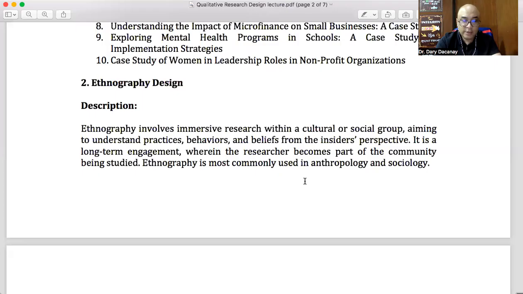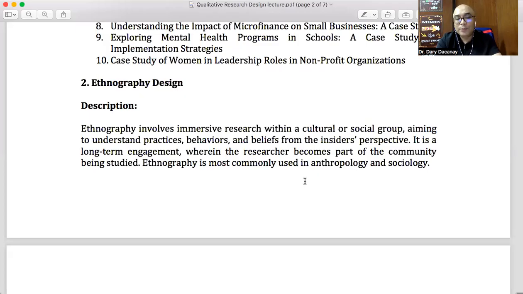Now let's try to differentiate both terms because this is very important. In the emic perspective, this refers to the understanding of a culture or a social group, focusing on the internal viewpoints and meanings that members of the culture attribute to their experiences.